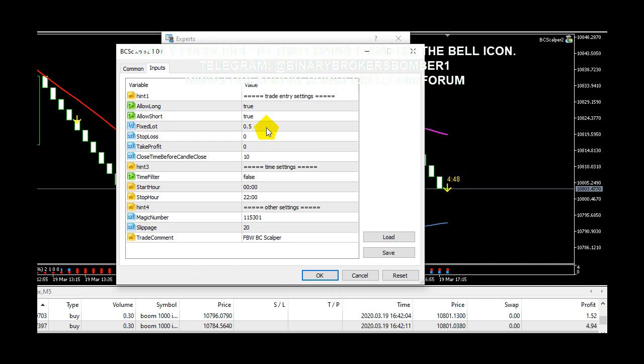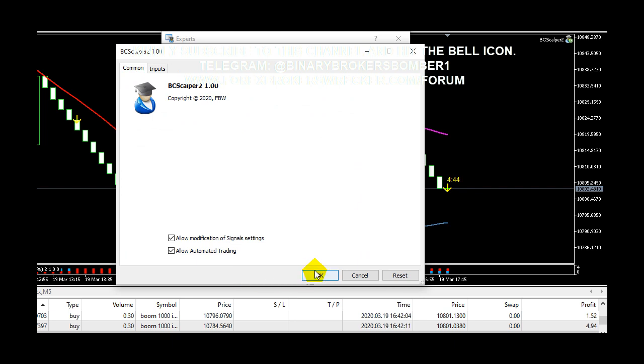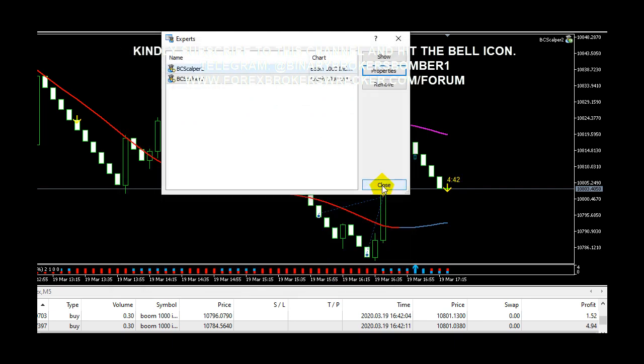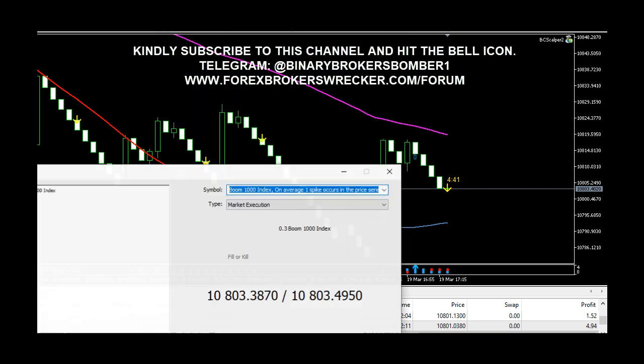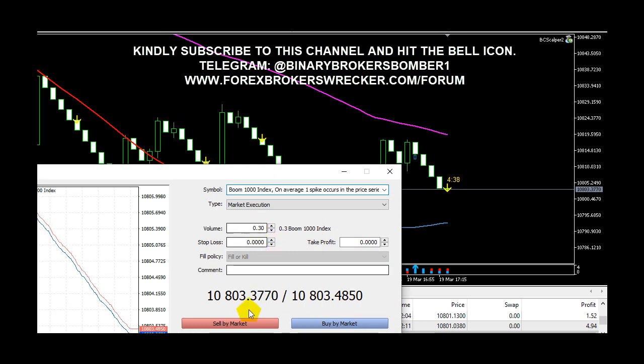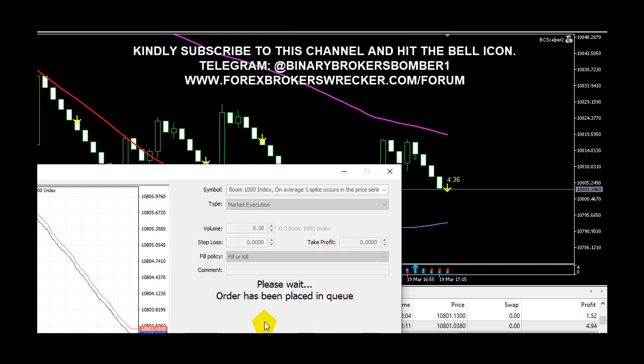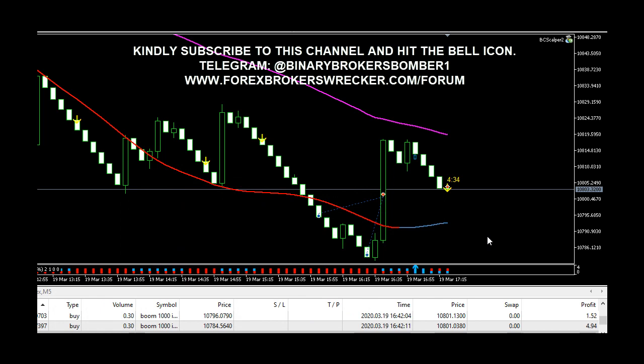Oh, then I'm going to be trading manually. There's about to be a trade execution. There's about to be a trade. Or was it because I disabled this?